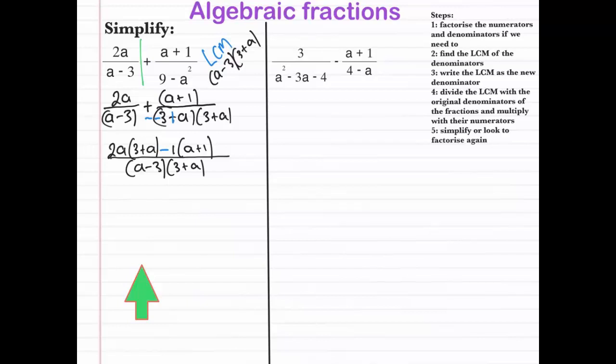Now let me just slow down a little bit, because this step is quite important. Write the LCM as the new denominator. I did that. Divide the LCM with the original denominators of the fractions and multiply with their numerators. That's what I did to get that. Now to show you, I take this and I divide with that, and that answer I multiply with that, and that's how I ended up with that. Because (a minus 3)(3 plus a) divided by a minus 3 is just a 3 plus a.